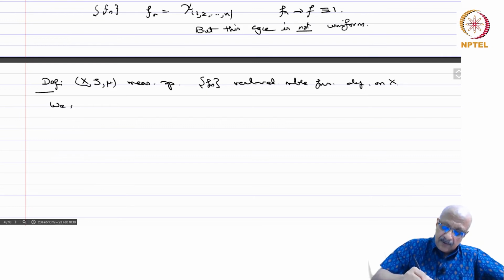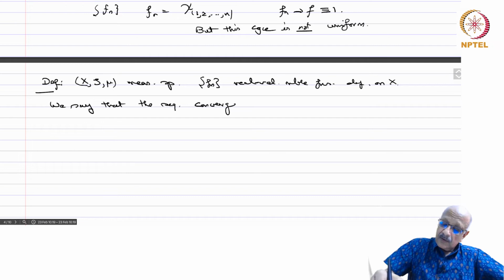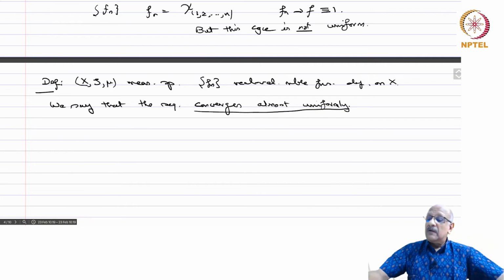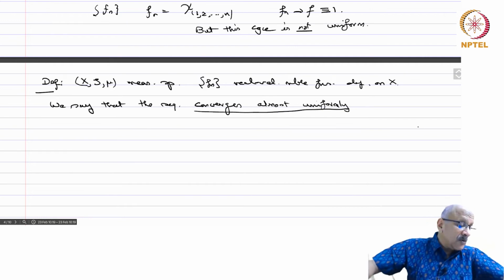We say that the sequence converges almost uniformly. Here, this "almost" is not in the sense of what we have been saying before about almost everywhere.